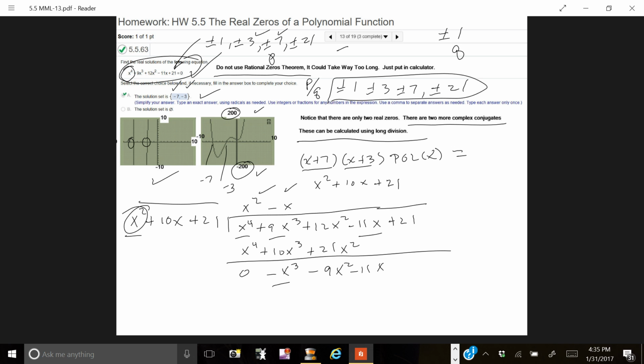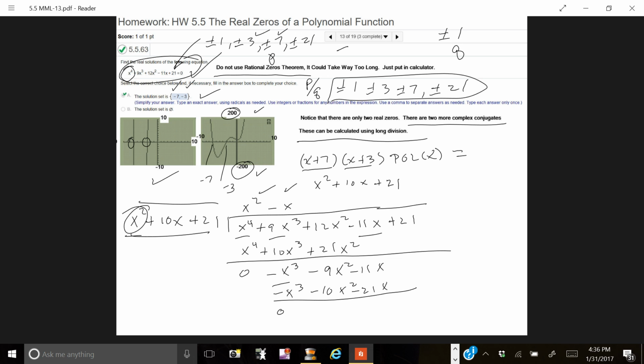Now multiply the minus x times all of these terms, and you get minus x cubed minus 10x squared. Minus x times 21 is minus 21x. And now subtract, you get 0.